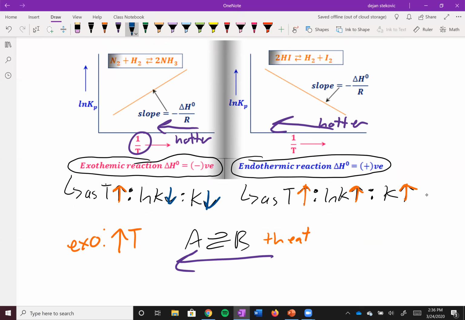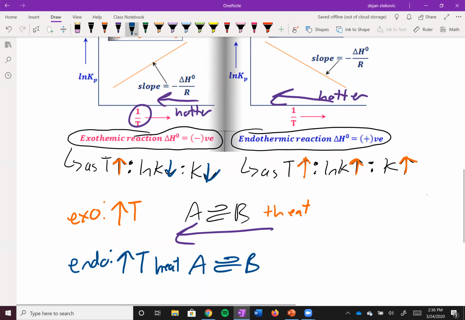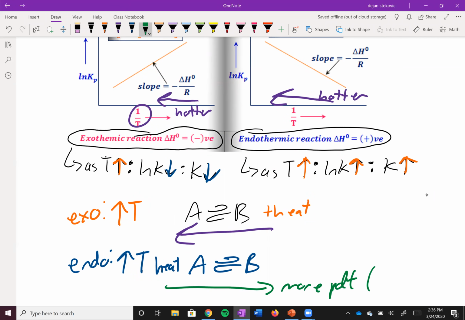In an endothermic reaction, heat is a reactant. So you're adding more reactant as you increase the temperature, and you're going to shift towards more products, increase the value of K, and it'll be more spontaneous as well.